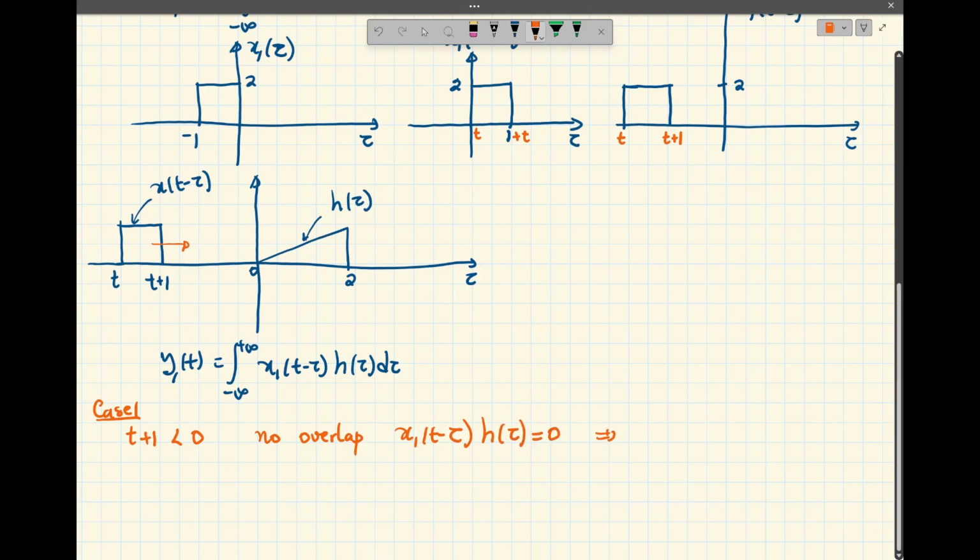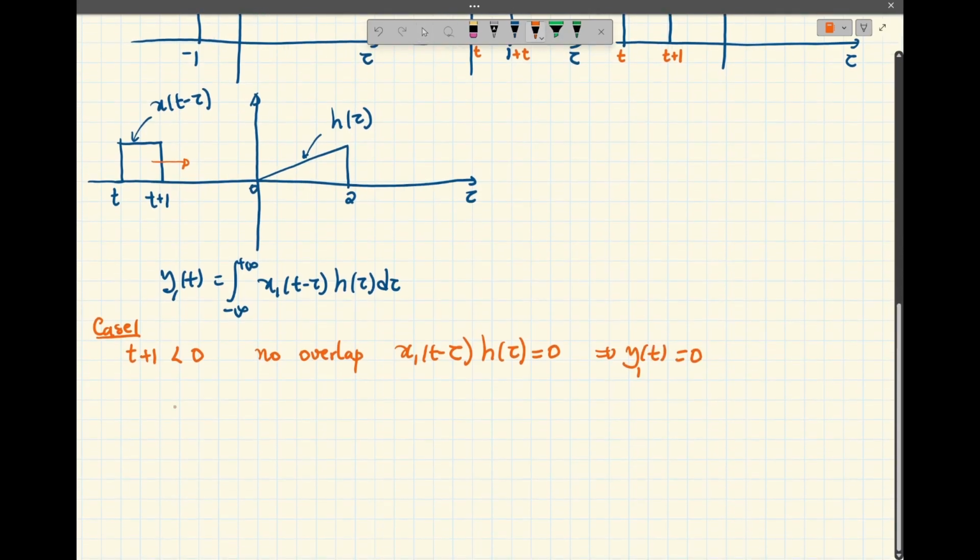This implies that y1 of t is equal to 0. So when t is less than negative 1, y1 of t is equal to 0. So that's the first one.